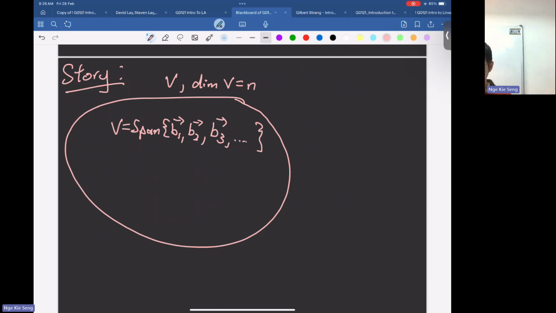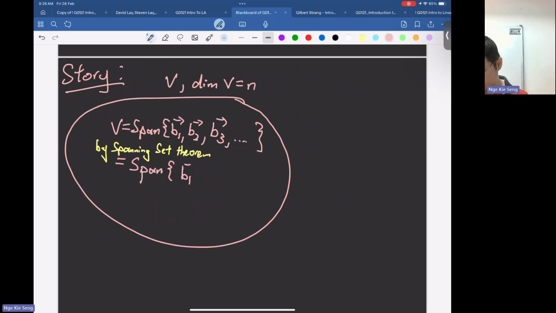Using the spanning set theorem, we can throw away all the linearly dependent vectors such that it is still equal to the span of b1 up to bn. Meaning we just need n vectors to build the whole space.